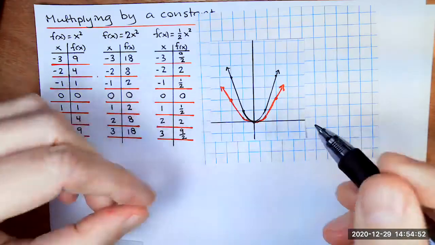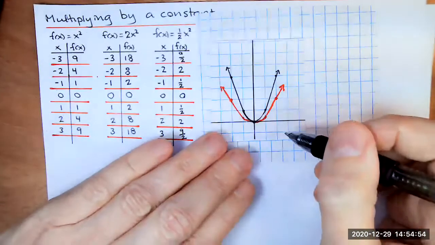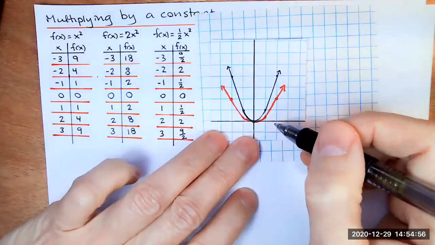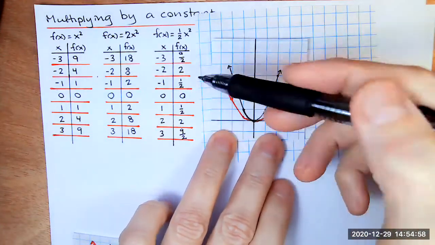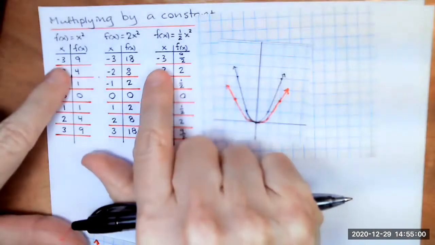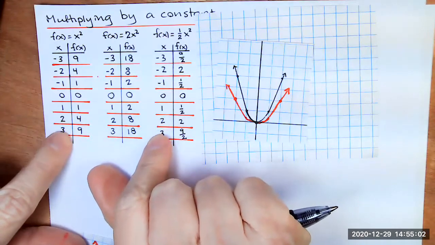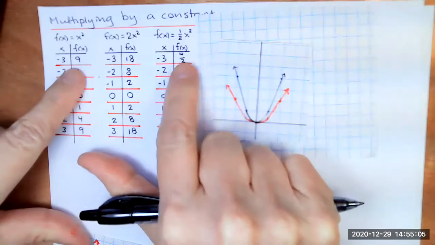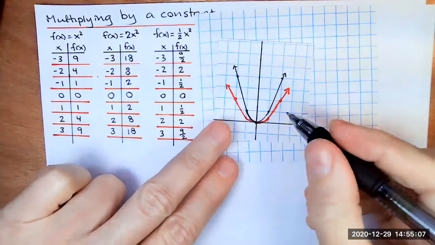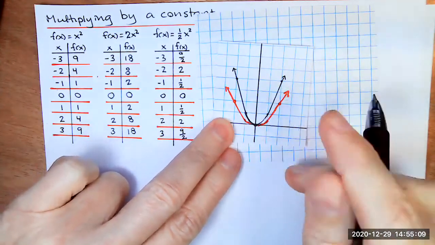All right, some people like to say it's stretched this way, but that's not really correct. Think about it this way. Your x values are in the exact same place, but your y values are now half as tall.